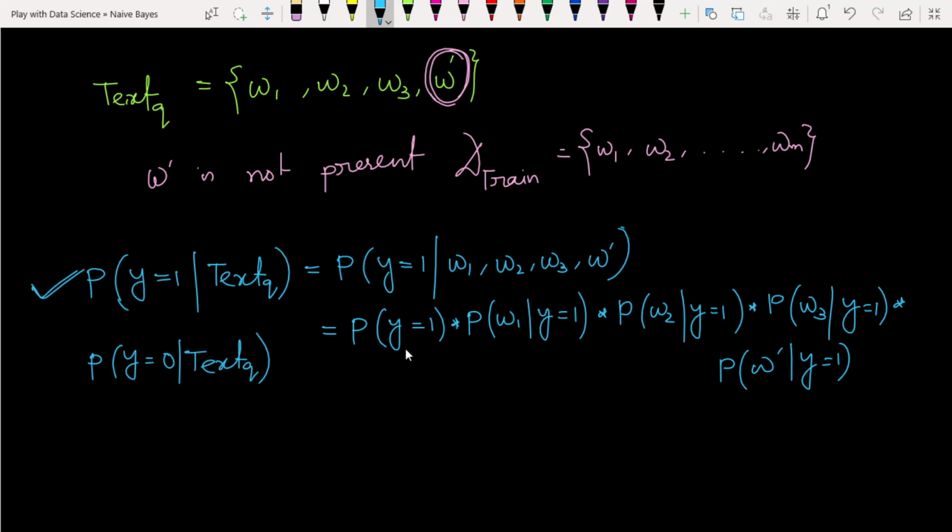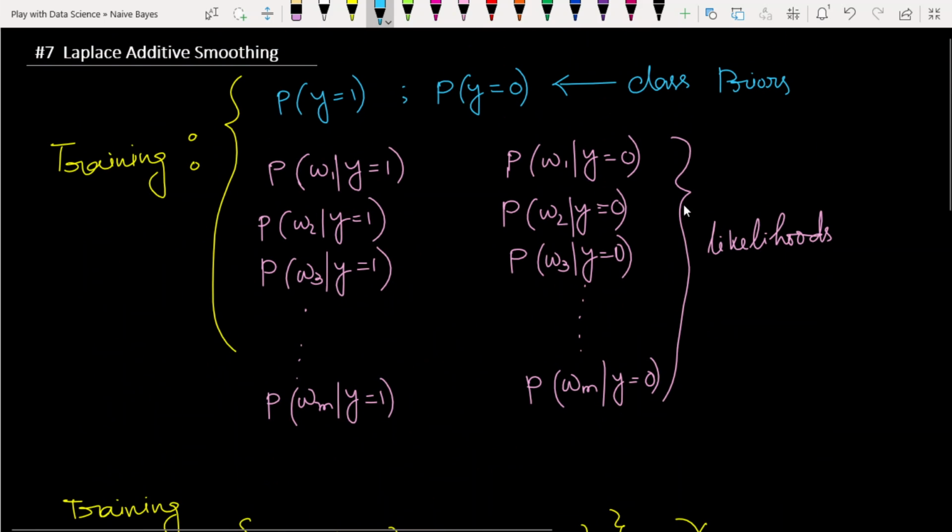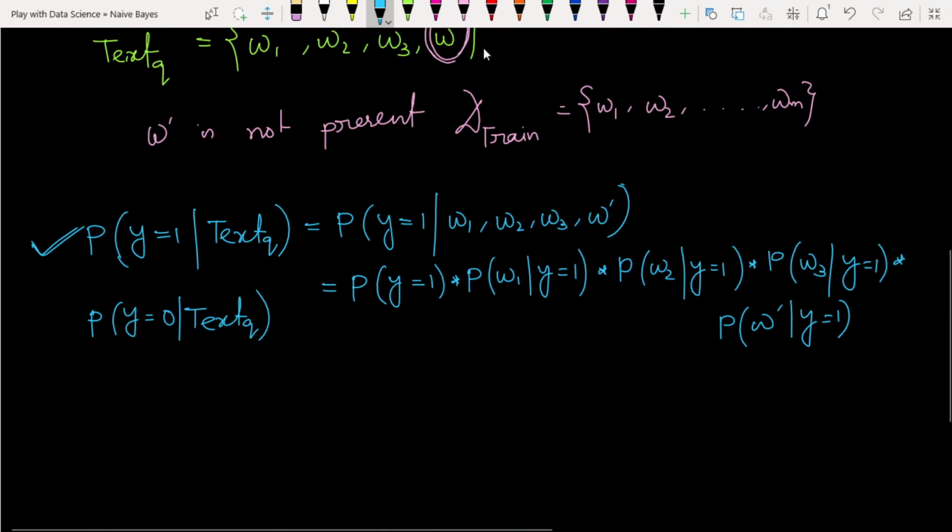I think the first four things are clear. We simply find these values from the training set, but the main problem is here.